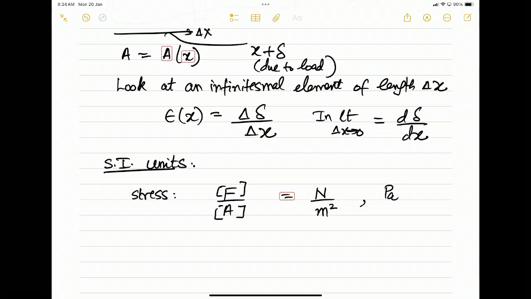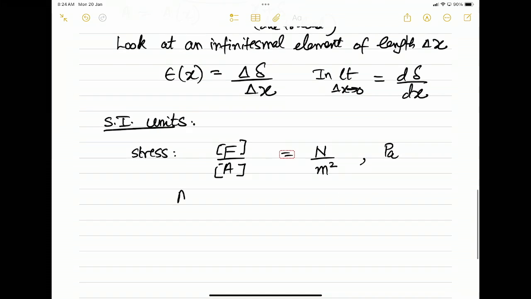Now in solid mechanics, what you'll find is that typical stresses which you will apply to get appreciable strain will be in megapascal, particularly if the material is something like steel or aluminium.